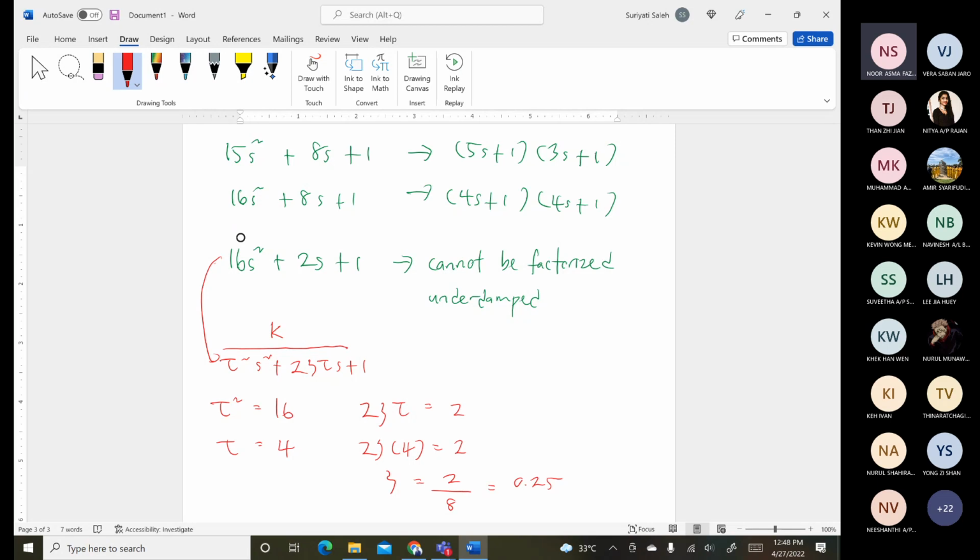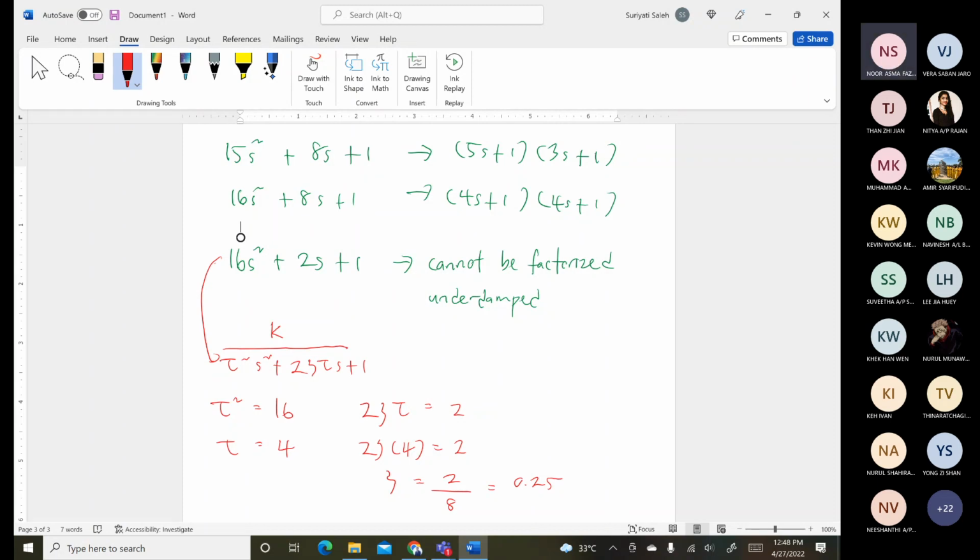So this one is what we call qualitative analysis. If we take a look at the equation, we observe, we analyze: can the equation be factorized or not? If it can be factorized, do we have the same tau? If we have the same tau, that means you have the same root. Then it is under the category of critically damped, where the damping equals 1.